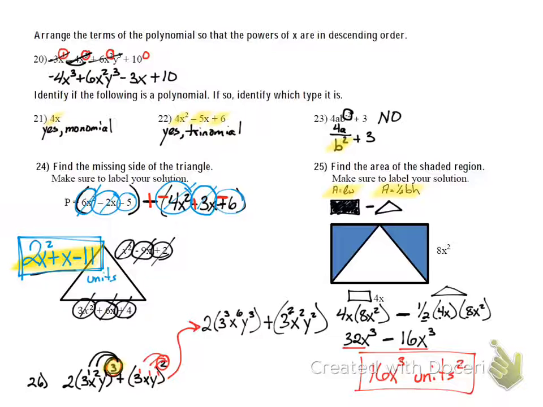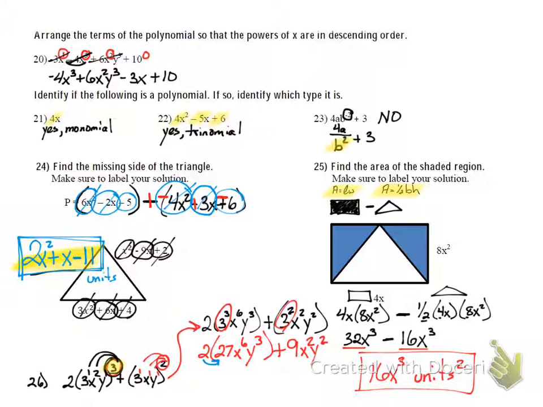And now we simplify. Careful here, you want to simplify the actual numbers first. So I still have this 2 on the outside. 3 to the third power is 27, x to the 6th, y to the third. And then over here I have 3 squared, which is 9, x squared, y squared. And then last step over here is that you do need to multiply the 2 to the 27.